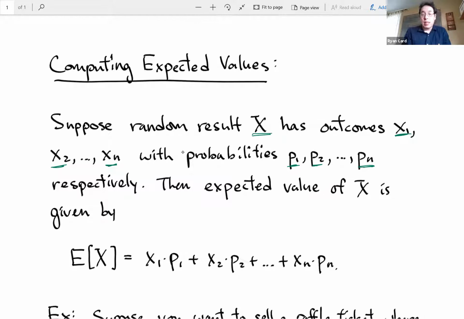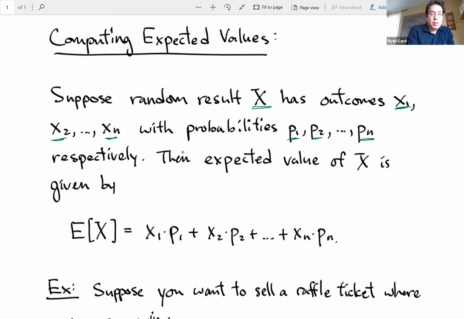And then what's called the expected value, or long run average value, for X is given by this particular formula. E square bracket X, so this is the expected value of X. What you do is you multiply each of the possible results with the probability of getting that result, and you add them up.